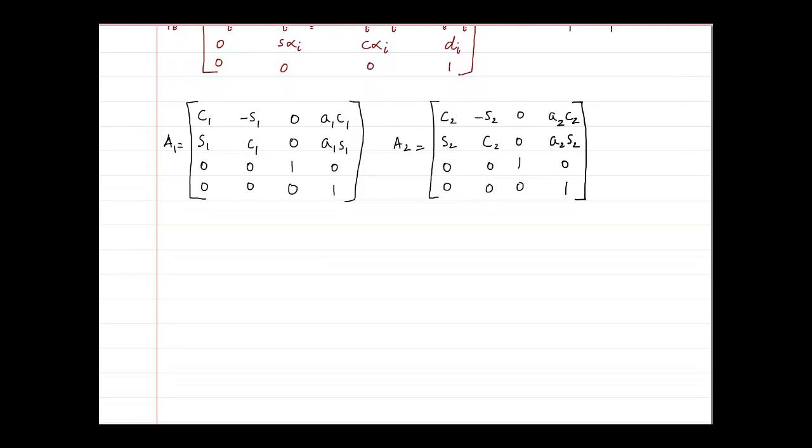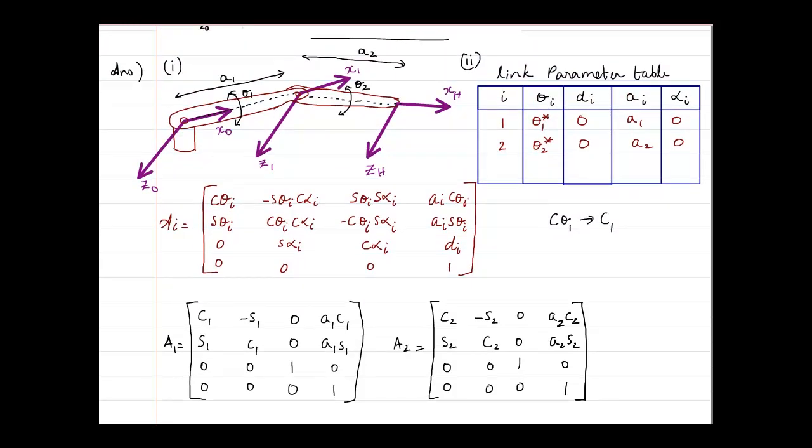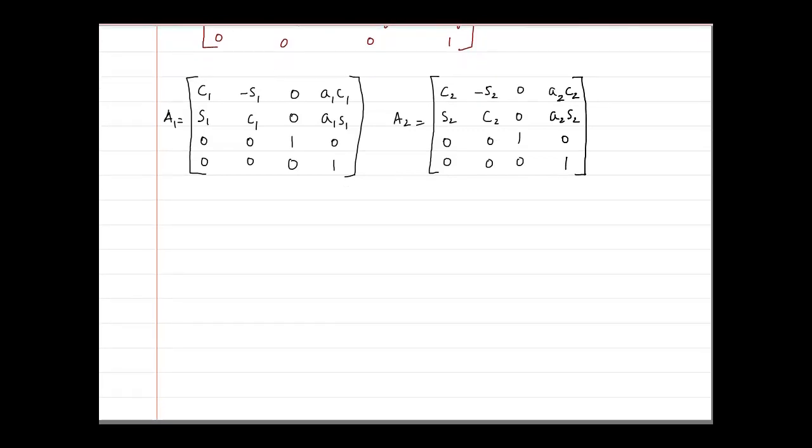Now for getting the final transformation matrix connecting the 0th frame with the hand, as we all know, the transformation matrix that connects the hand with the 0th frame is given by multiplying the transformation matrix of the first frame with respect to 0 with that of the hand frame with respect to 1, which is actually our a1 into a2.